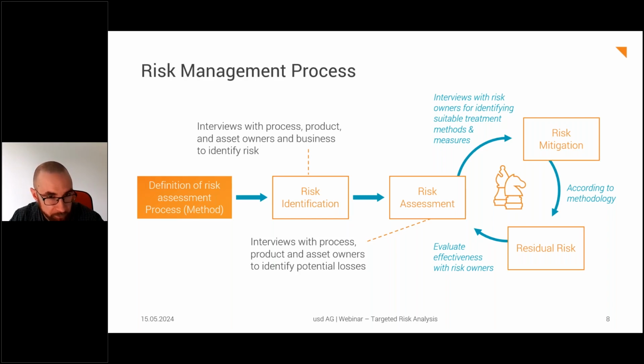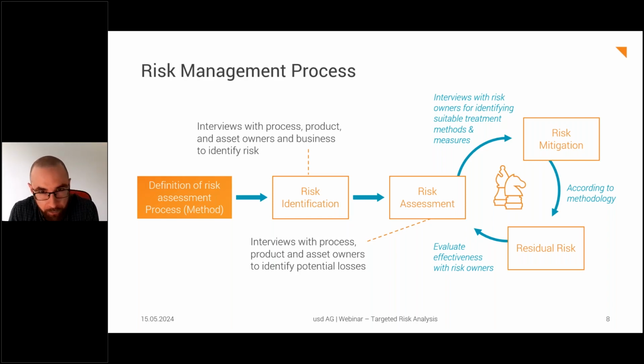And then the next step would be to identify which risks you have. Typically, you want to do this with your process owners, product owners, asset owners, and business to see what kind of threats there are. And in the second step, you want to identify where you have potential losses from those threats, so what the impact would be. Also, this you want to verify with process owners, product owners, asset owners.